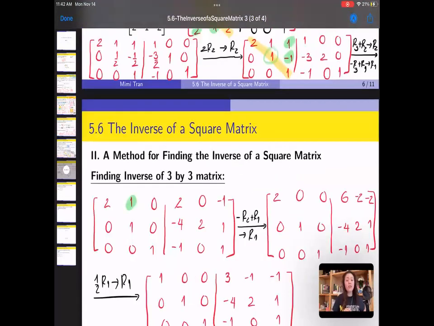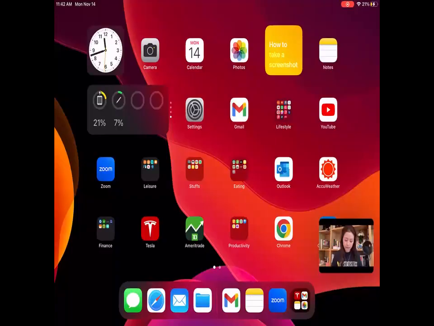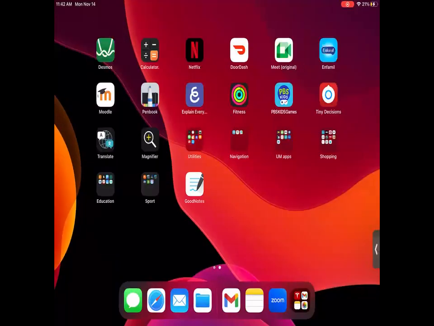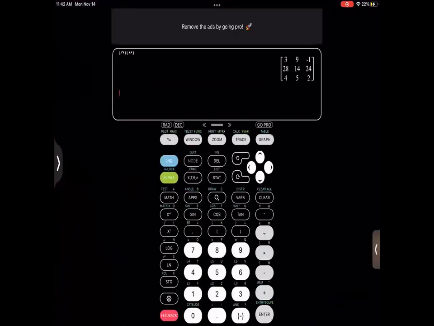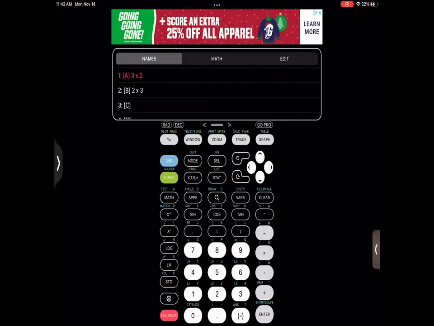Now on your calculator, everybody knows how to put in the matrix, right? You press second mode to quit, and then you go back in, choose the name, and then underneath. Let's pretend it's 3 by 3, right?